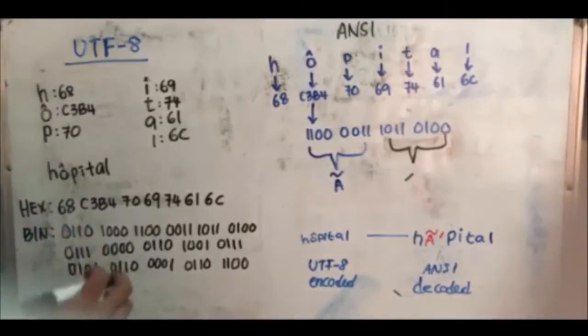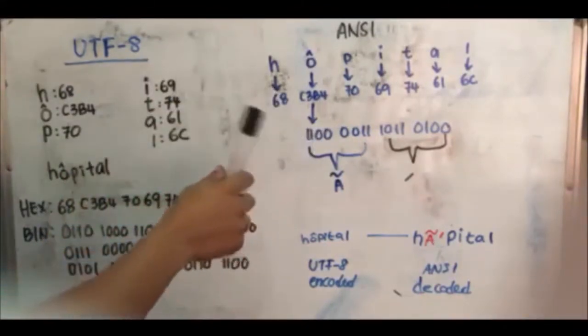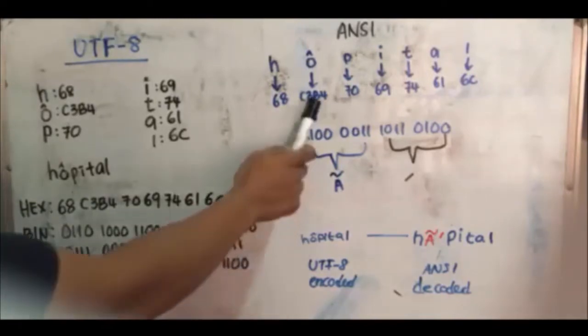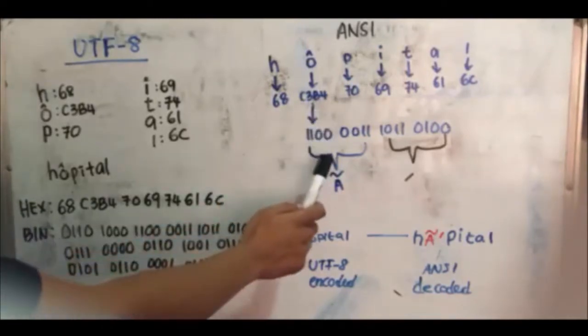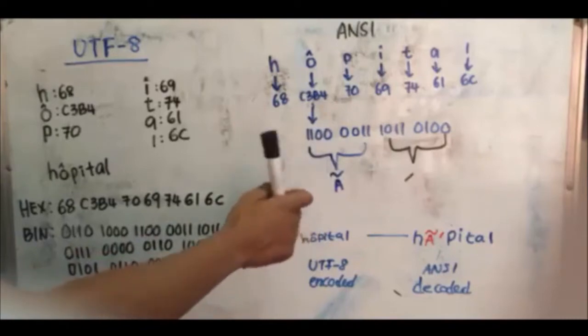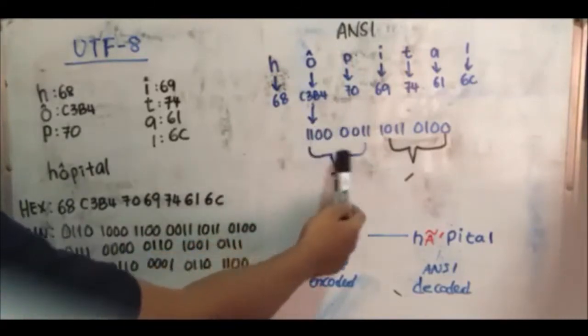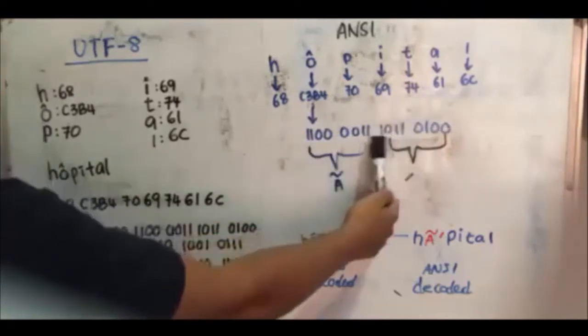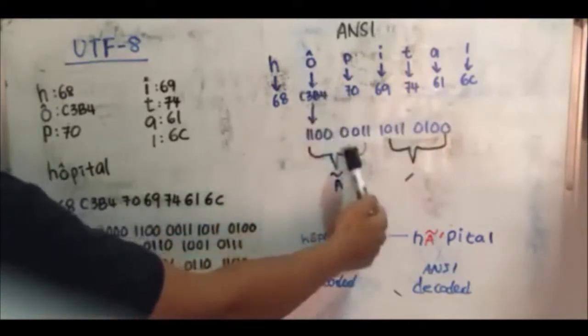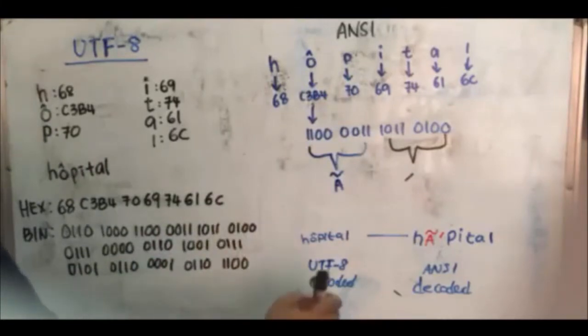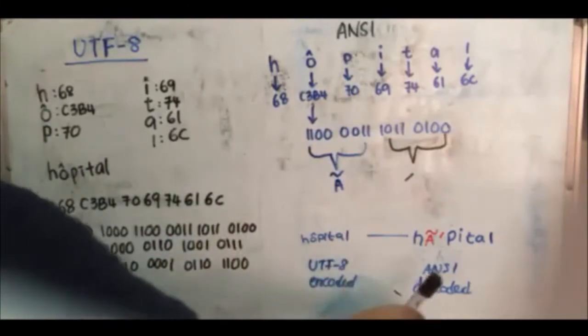And again, when the UTF-8 encoded text is decoded in ANSI, the binary sequence is translated into characters based on the ANSI table. The 2-byte special characters yield 2 other 8-bit characters that are as follows. This is the binary sequence of the 2 8-bit characters. A person reading the UTF-8 encoded word using ANSI will see this garbled text.